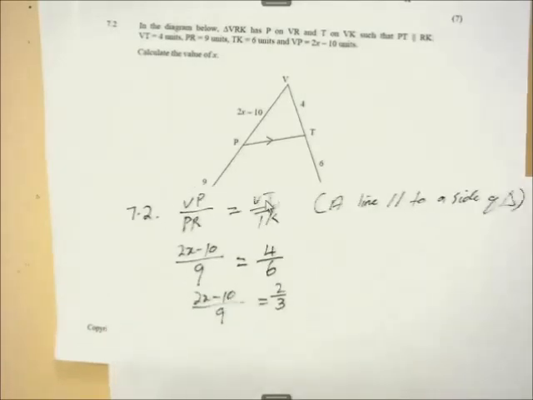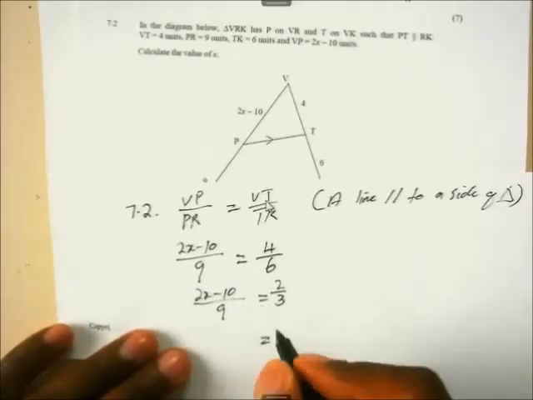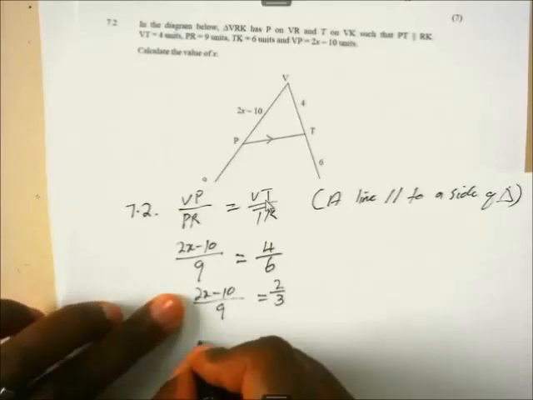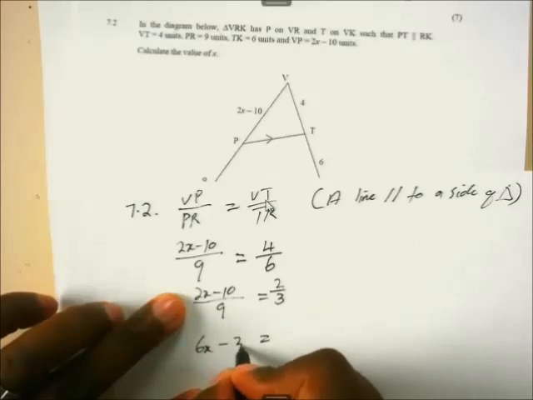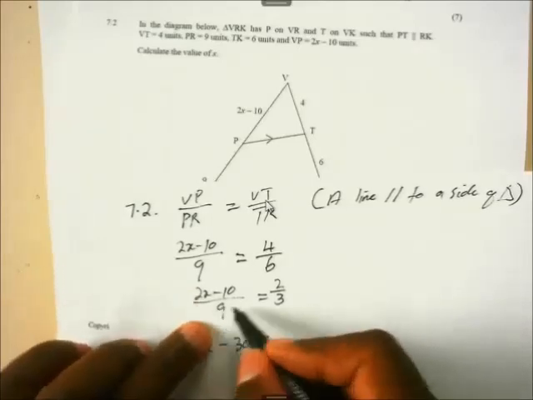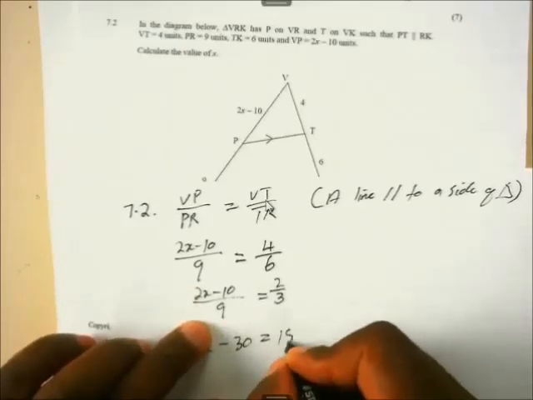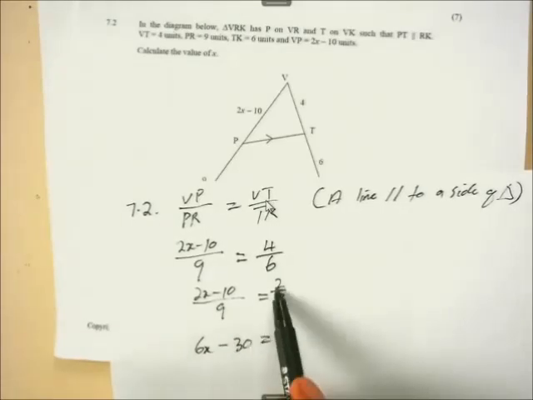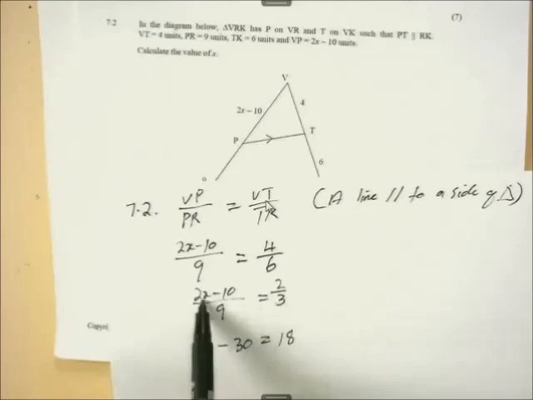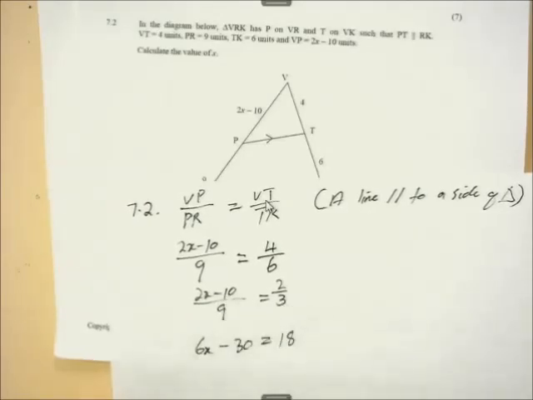If we cross multiply, 3 multiplied by 2x gives you 6x. 3 multiplied by 10 gives you minus 30. Then 9 multiplied by 2 gives you positive 18.